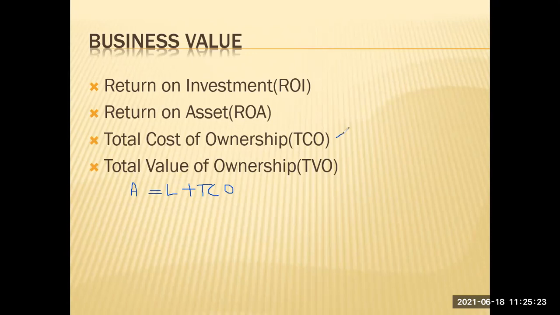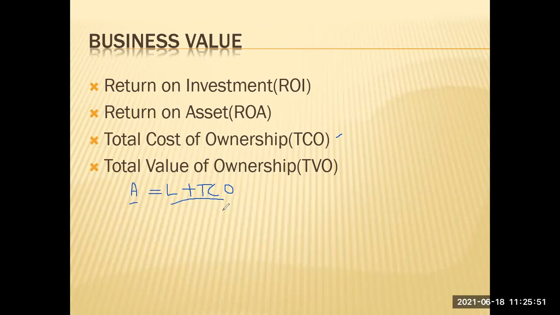If this side, your RHS, happens to be more than your assets, then your company is not in profit. If your LHS is more and your RHS is lower, then you are in a good profit condition. Your assets are more. With the assets only, you can also calculate your total worth in the market.